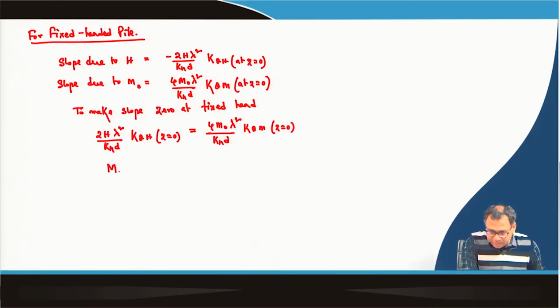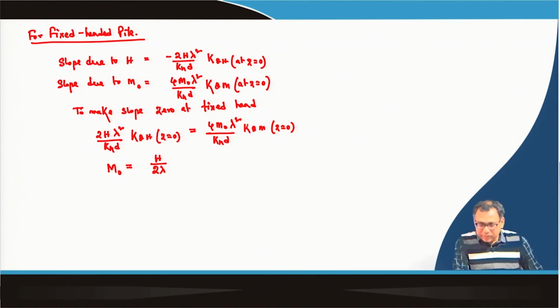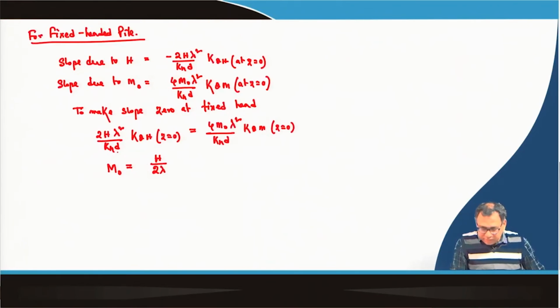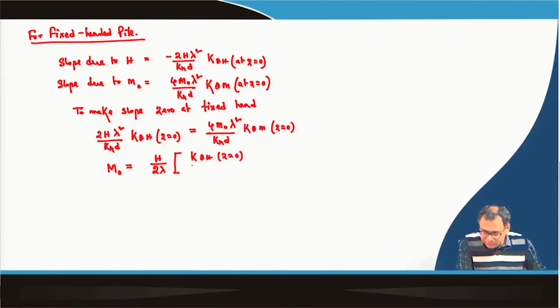So, finally, the moment we should apply to make this slope 0 is M0 equal to H divided by 2 lambda, with k theta h at z equal to 0 divided by k theta m at z equal to 0.